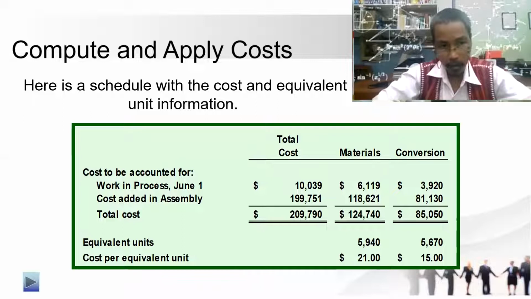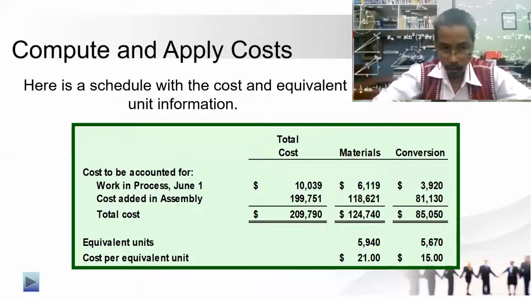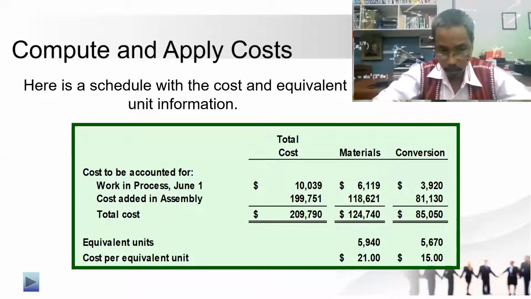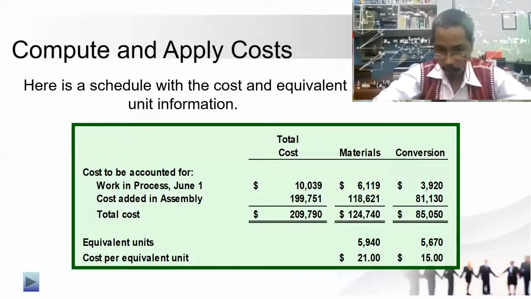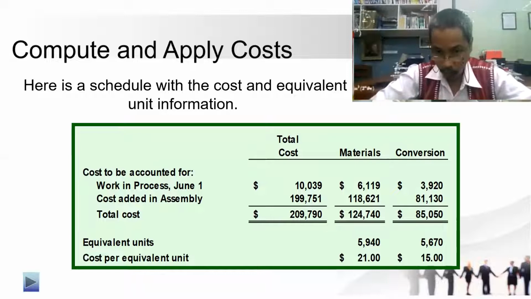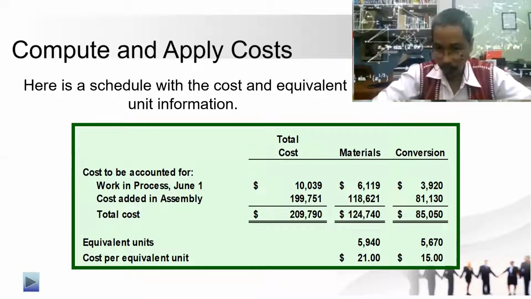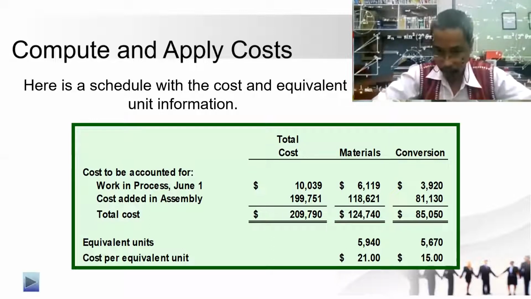Compute and apply cost. Here is the schedule with the cost and equivalent unit information. Therefore, we can compute the cost per equivalent unit. That is 124,740 divided by 5,940. That would be $21.